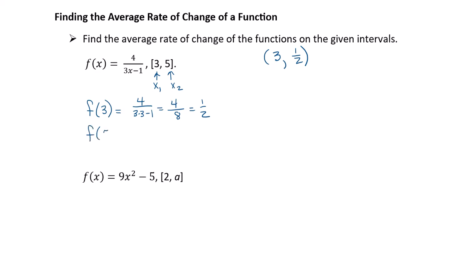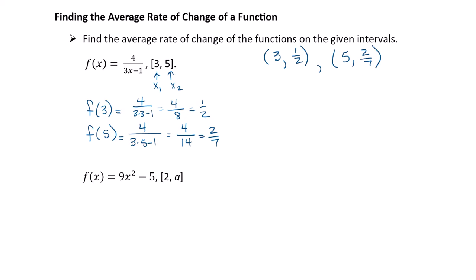F of 5 is equal to 4 over 3 times 5 minus 1. So 4 over 15 minus 1 is 14. That gives me 2/7. So 5, 2/7 is the other point.